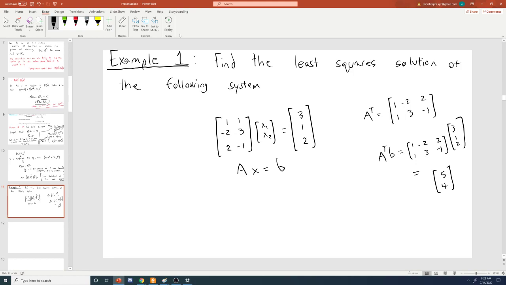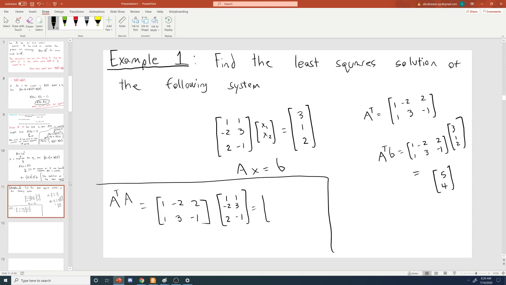The next thing I have to do is compute A transpose times A. This will simply be 1, -2, 2, 1, 3, -1, multiplied with 1, 1, -2, 3, 2, -1.